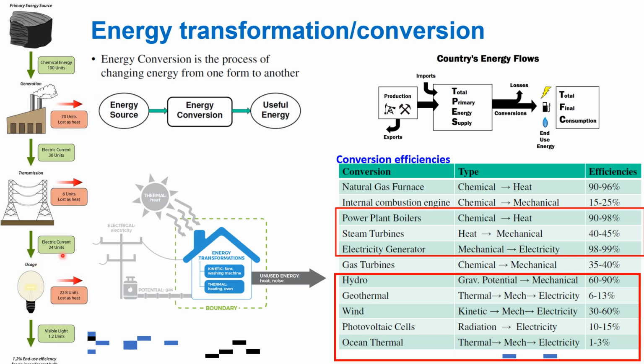So in this case, from 24 units of electricity that is generated, once it is delivered to the homes and used as light for the incandescent bulb, then more than 90% of it, around 22.8 units here, is lost as heat. And only about 1.2 units of energy is used as visible light. So you can see how much reduction in terms of energy along the process here. So that's entropy. There's a lot of reduction of energy or transformation of energy and loss of energy along the way.